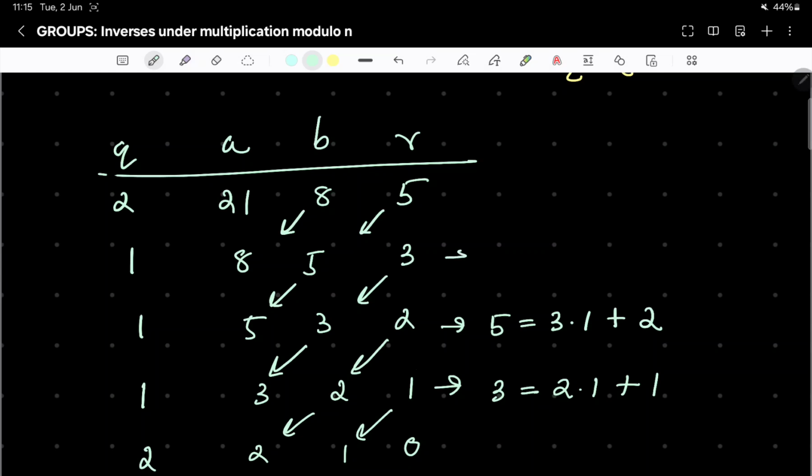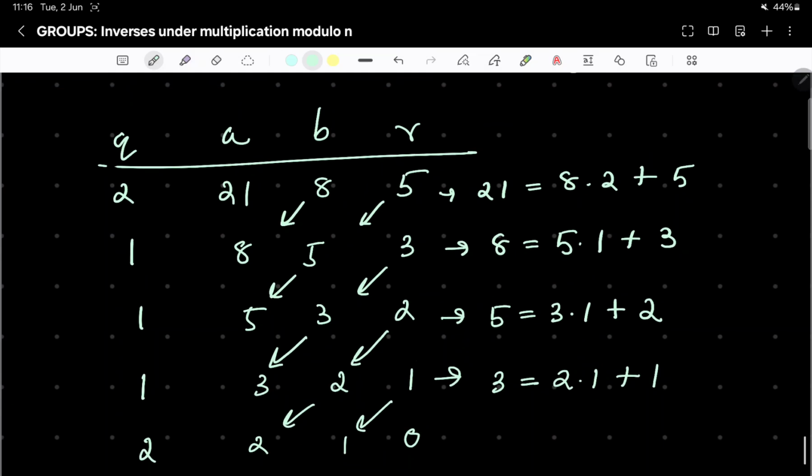What is the meaning of this? 8 is equal to 5 times 1 plus 3, right? And 21 is equal to 8 times 2 plus 5.